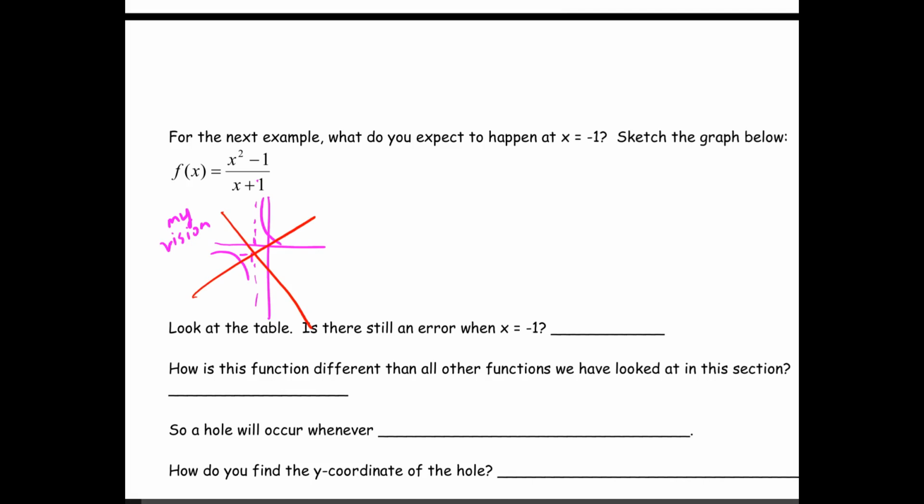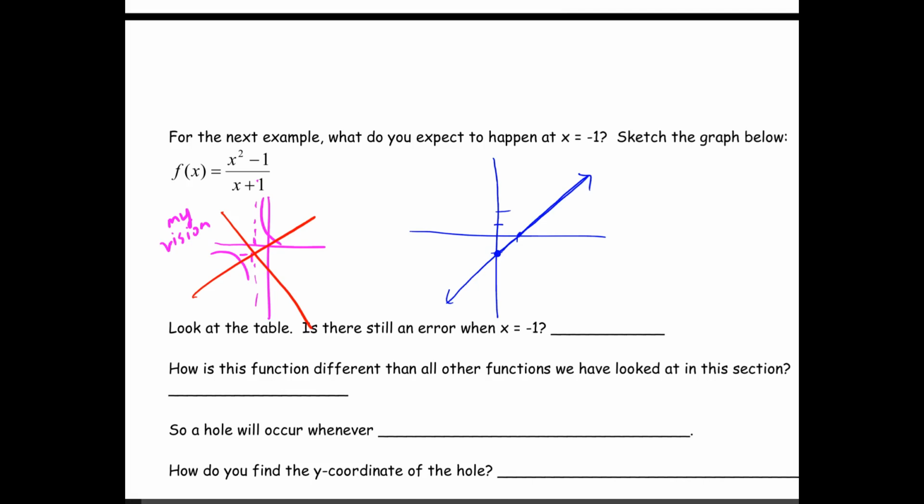What happens on the actual graph? It's just a straight line, and it kind of looks like this. It kind of looks like it has a y-intercept at -1? Yeah. What's the slope look like? +1. It looks like it just goes kind of like this.